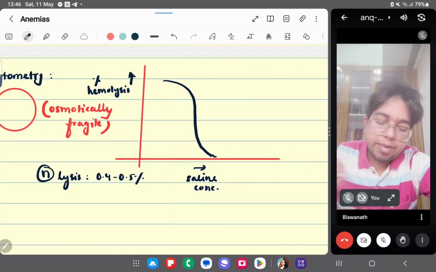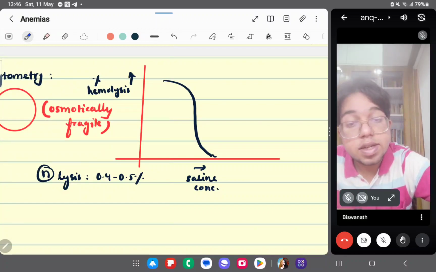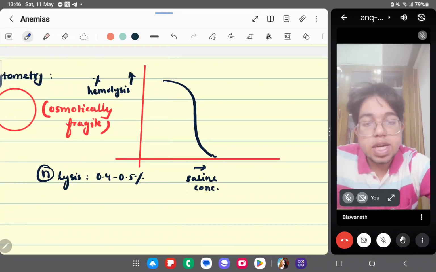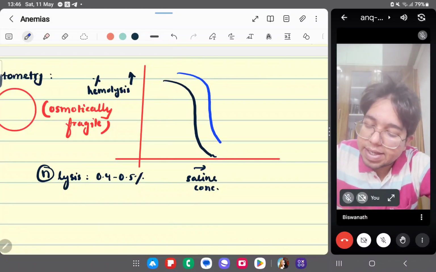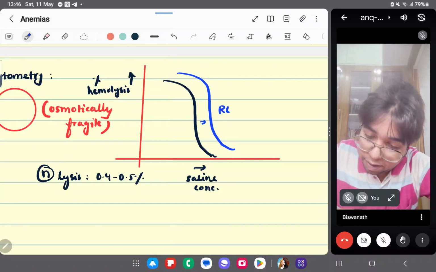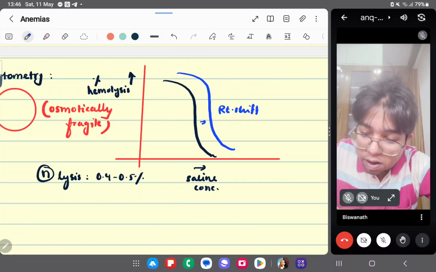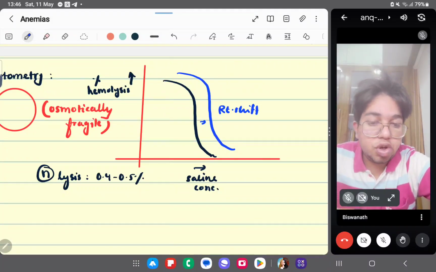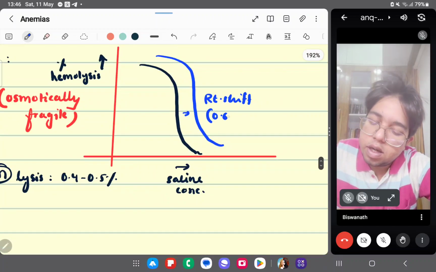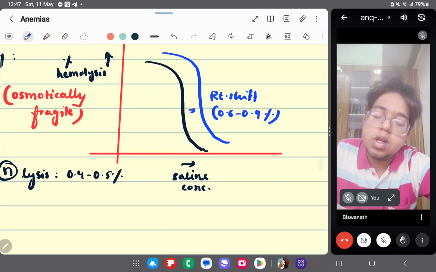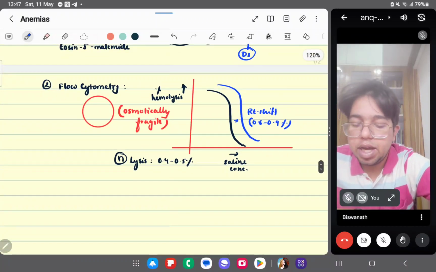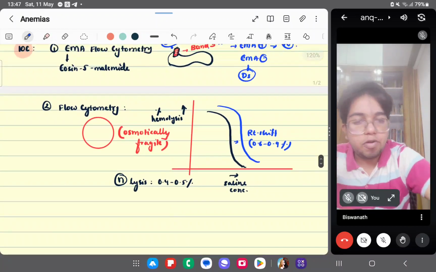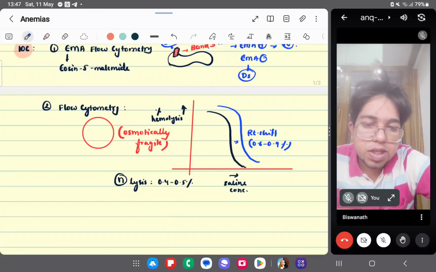The spherocyte will rupture early, which means there is a right shift. Right shift means lysis at 0.6 to 0.9. Don't need to go into the detail of how this is happening. You can use the concepts of fluid dynamics and osmosis to know more.